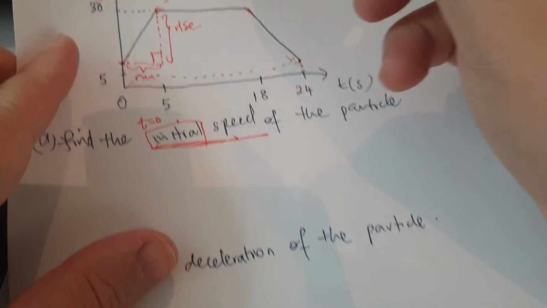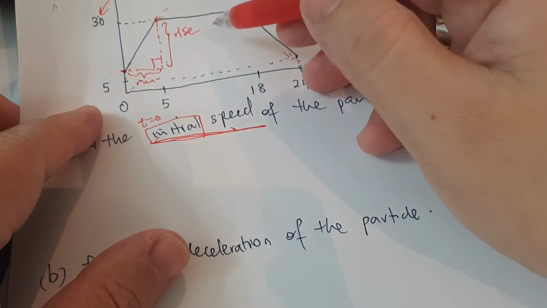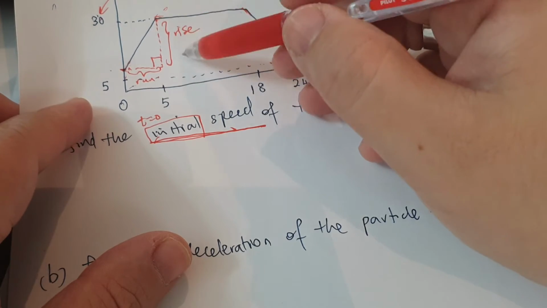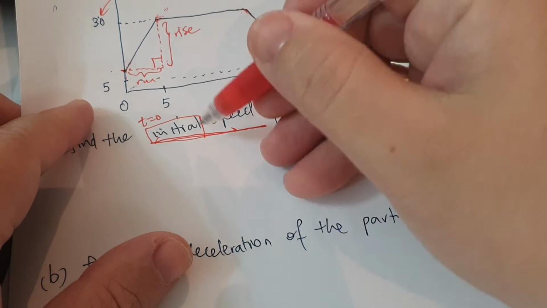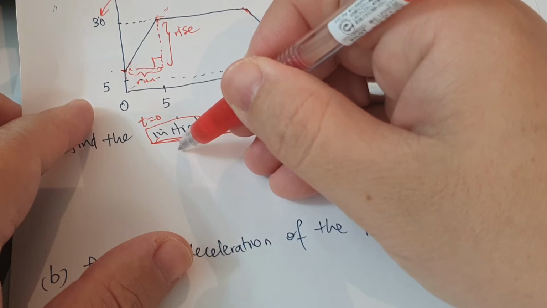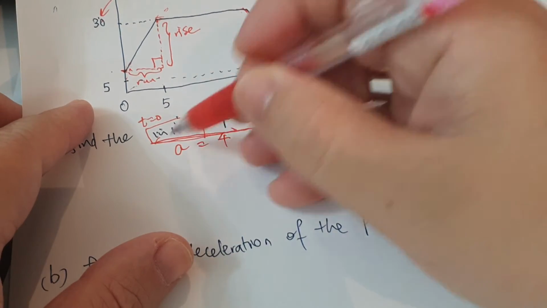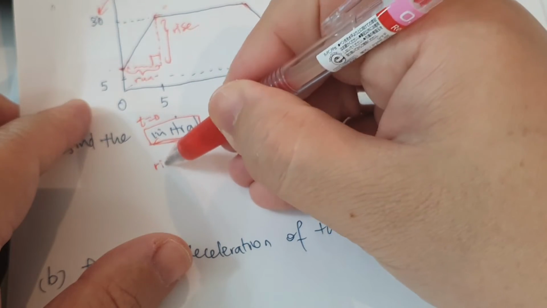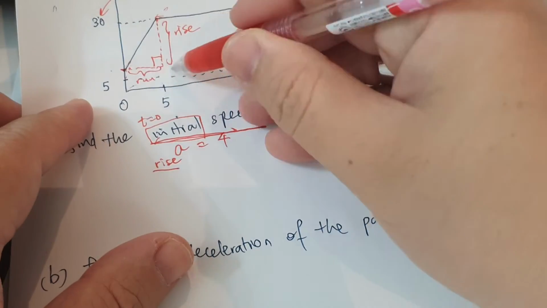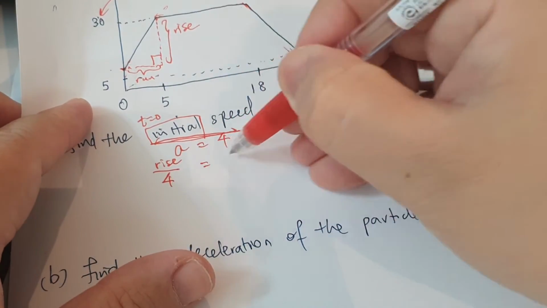So I don't care that they already give me this. I just know that my acceleration is 4, and finding acceleration is the same as rise over the run, which is 4.